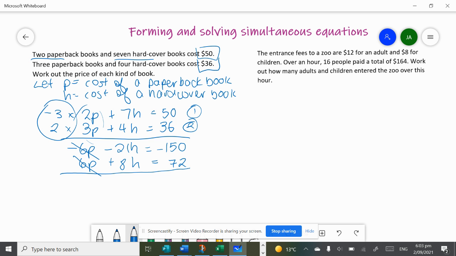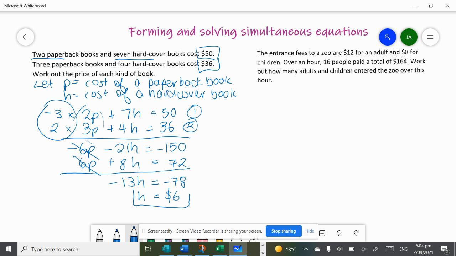So the p's will disappear. -21h plus 8h equals -13h, and -150 plus 72 becomes -78. So -78 divided by 13 is -6, so H is 6, in this case $6.